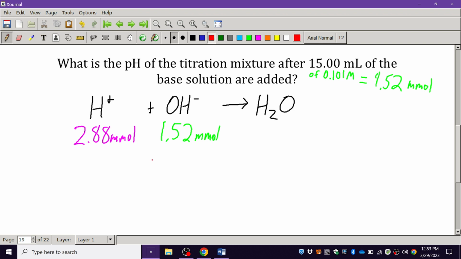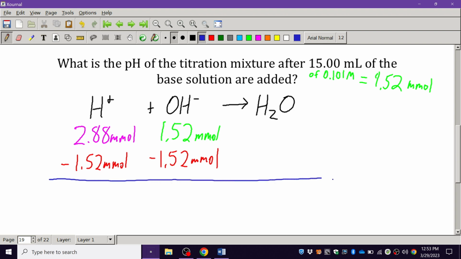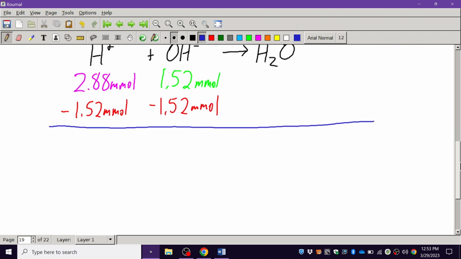All right, so all the hydroxide ion disappears. Again, we do make 1.52 millimoles of water, but there's a whole bunch of excess there. So we're going to shorthand things and leave that.